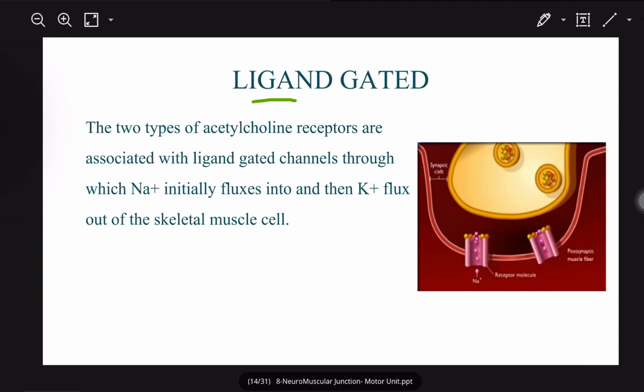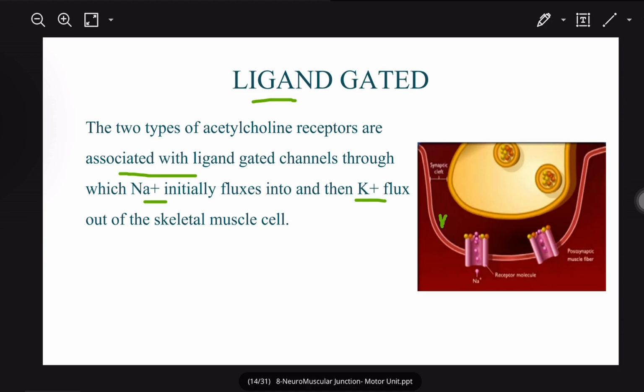The two types of acetylcholine receptors are associated with gated channels. When the action potential arrives and it releases, what happens is that sodium initially flows in, more sodium goes inside, and the K, which is potassium, flows out of the skeletal muscle.